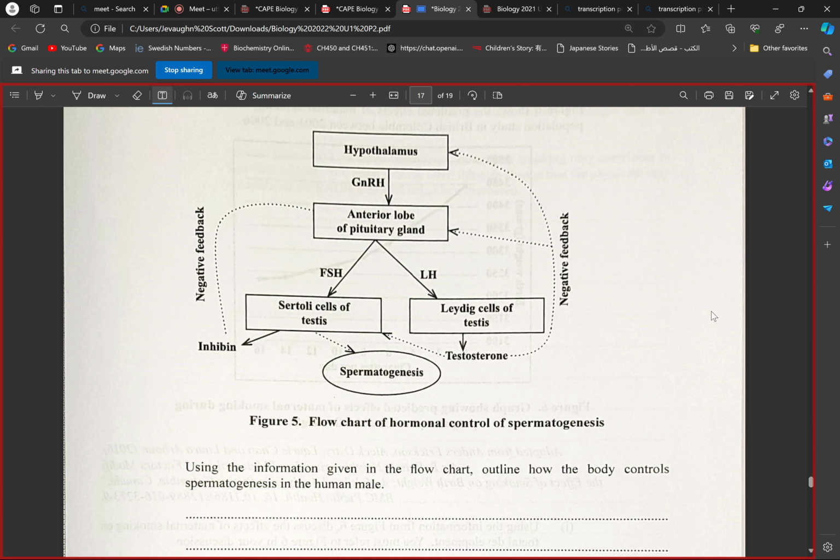So the hypothalamus releases gonadotrophin releasing hormone, which is sent to the pituitary gland and stimulates it, and the pituitary gland will release FSH and LH. The LH will go to the Leydig cells in the testes to produce testosterone, and the FSH would go to the Sertoli cells in the testes, and that would cause spermatogenesis, right?